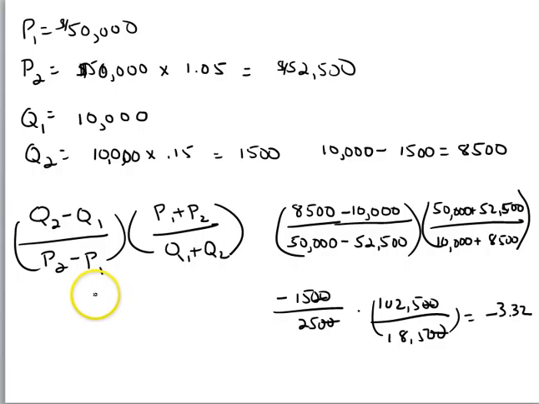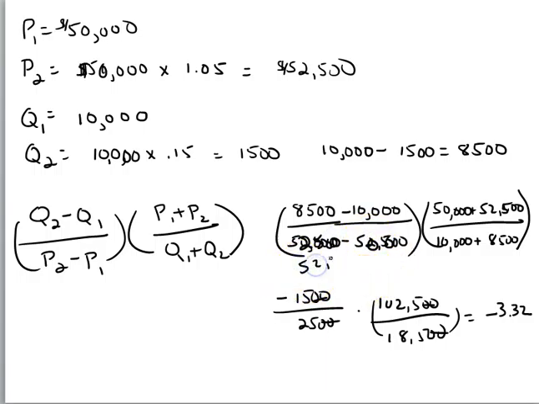This is a price elasticity, an arc price elasticity problem, so we have Q2 minus Q1 over P2 minus P1 multiplied by the average, P1 plus P2 over Q1 plus Q2. Q2 is 8,500 minus the original 10,000 students over P2, 52,500, subtract the original 50,000.